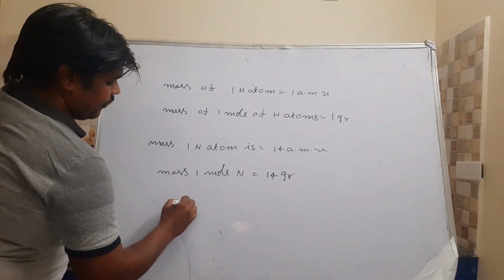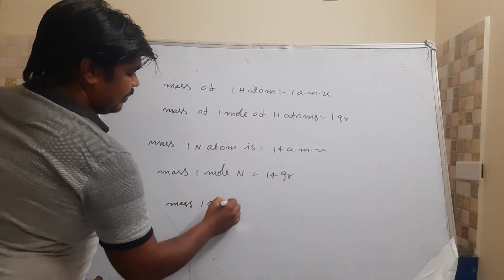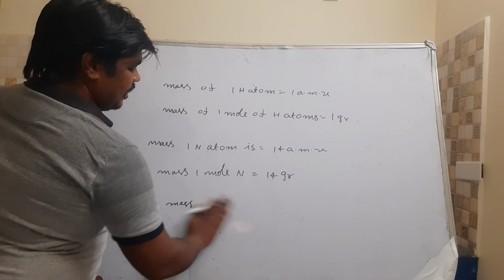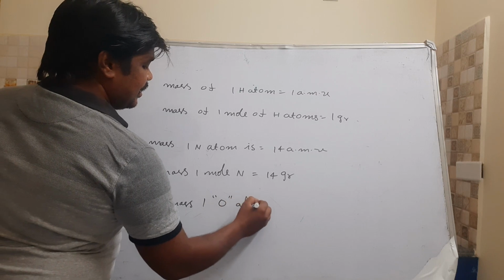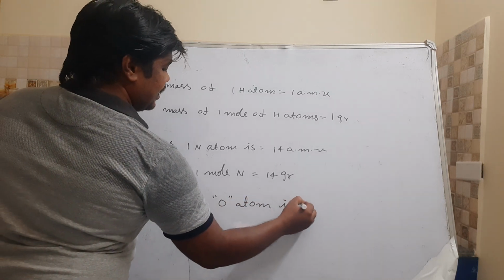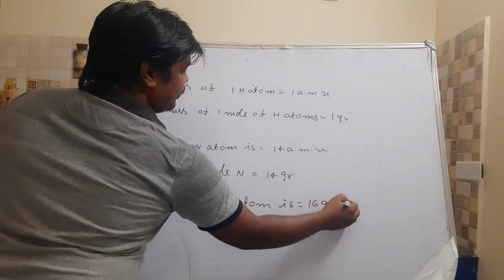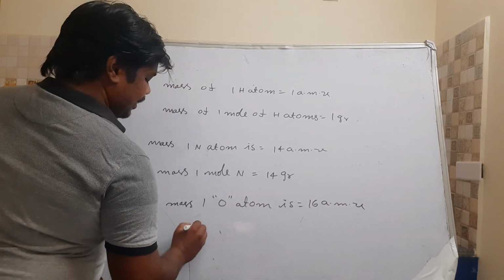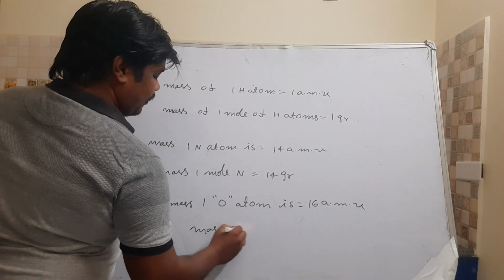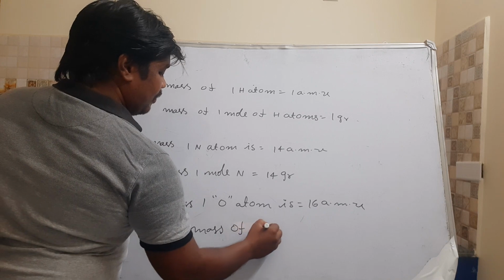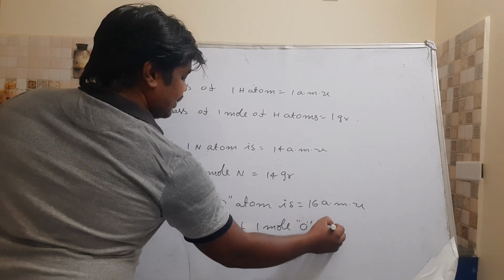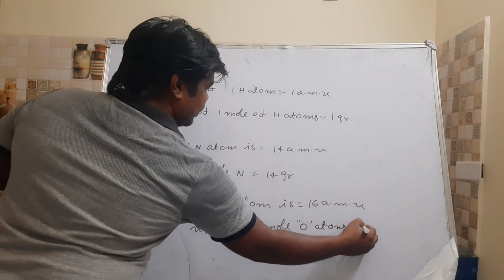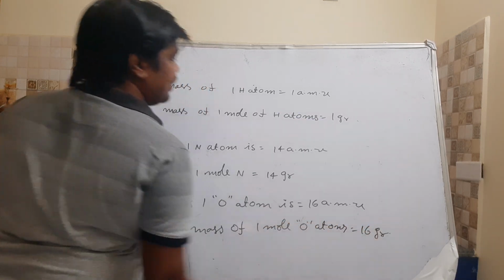The mass of one oxygen atom is 16 AMU, and the mass of 1 mole of oxygen atoms is 16 grams. That's it.